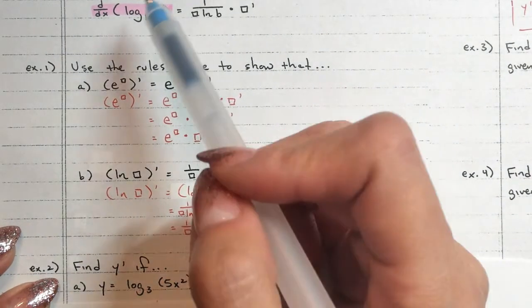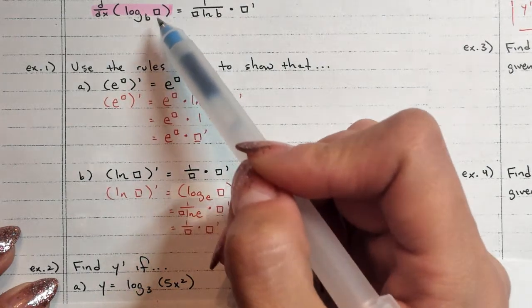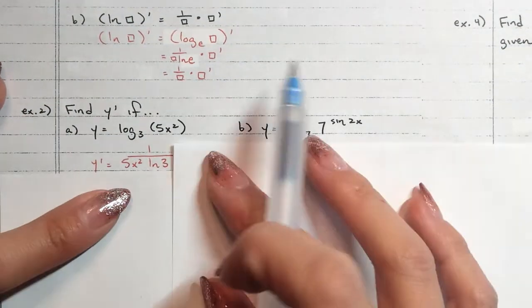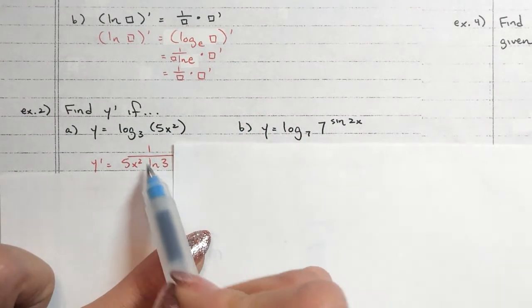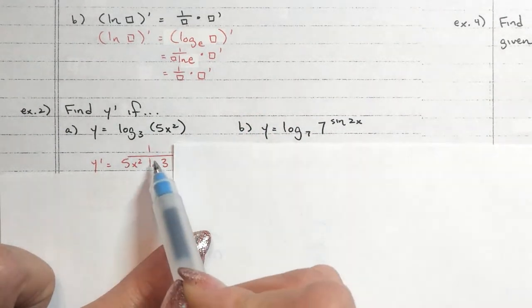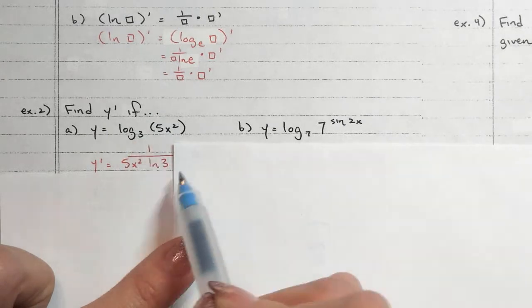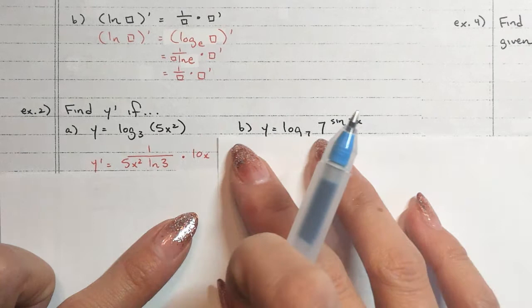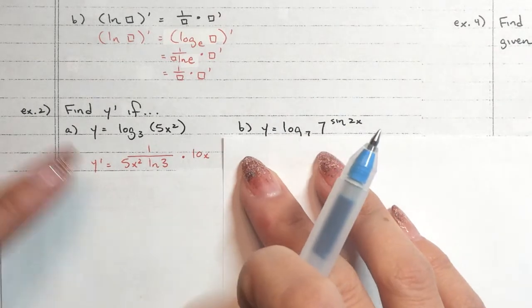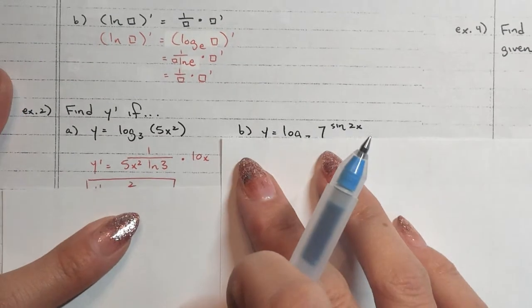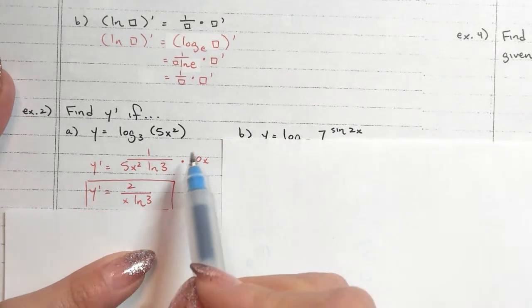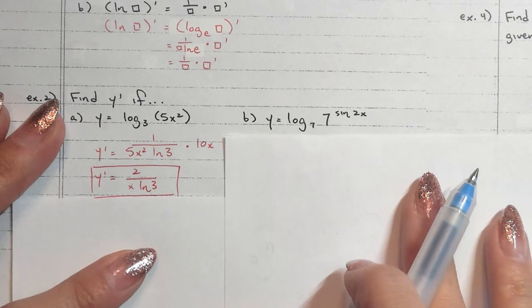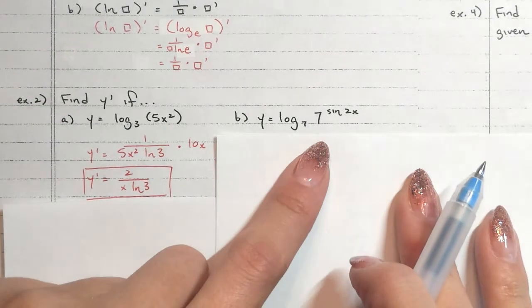So log base 3 of 5x squared is going to be 1 over 5x squared, so 1 over box, times ln of the base, ln of 3, times box prime, which is 10x. All right. You clean that up a little bit, right? 10 divided by 5 is 2. There's an x on the bottom, and then ln 3. That's all you're doing.